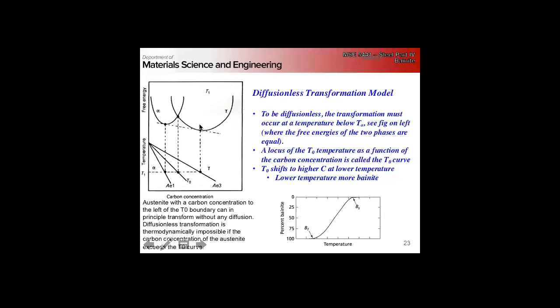And so this T naught line, where these two curves intersect, at lower temperatures is going to go to higher carbon concentrations.